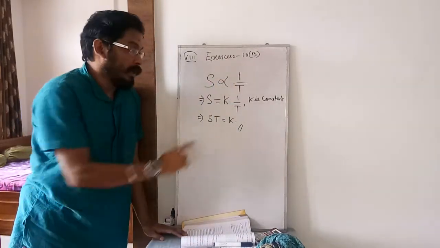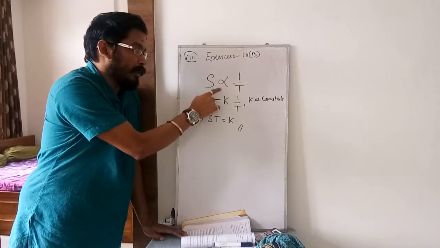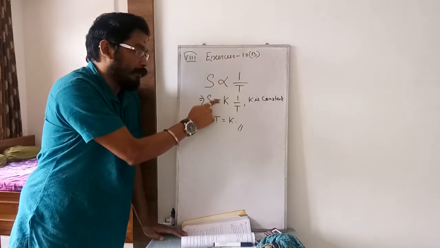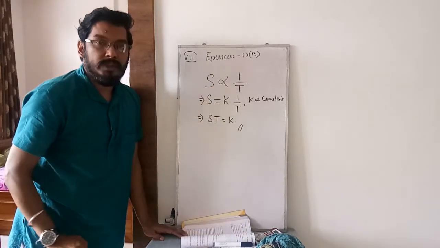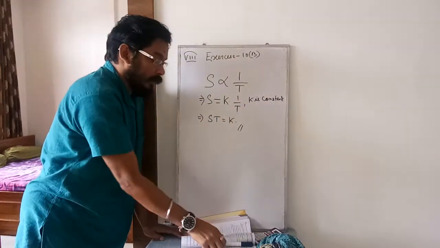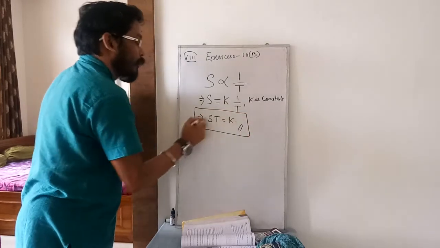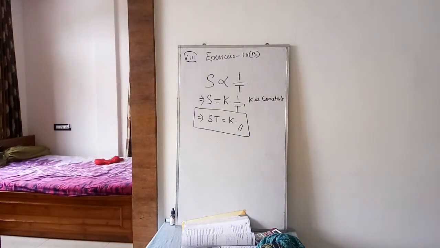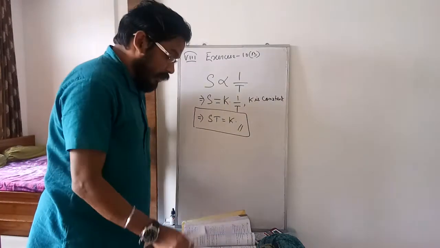If you replace the proportional sign by equal to and give a constant k, mention k is constant, and cross multiply, this is the relation between speed and time. If you want to note it, you can take a screenshot of this part. So this is all about inverse variation.